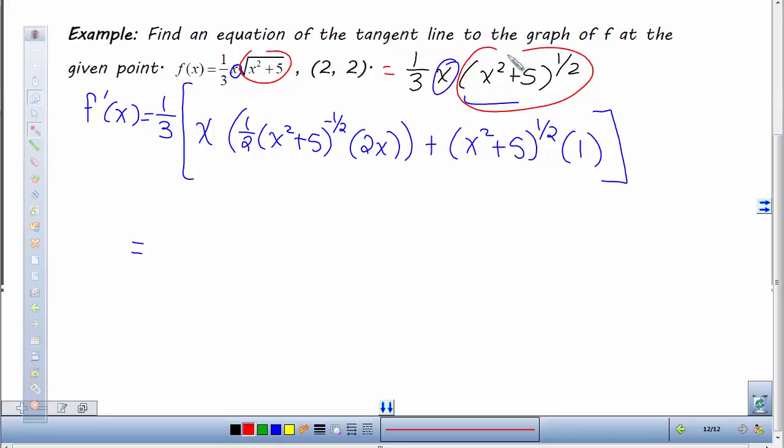So we get the first times the derivative of the second. All of this is the derivative of the second. Plus the second, this is actually the second, times the derivative of the first. So we used a product rule.